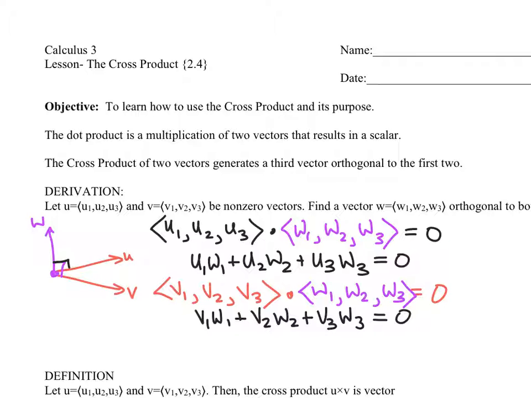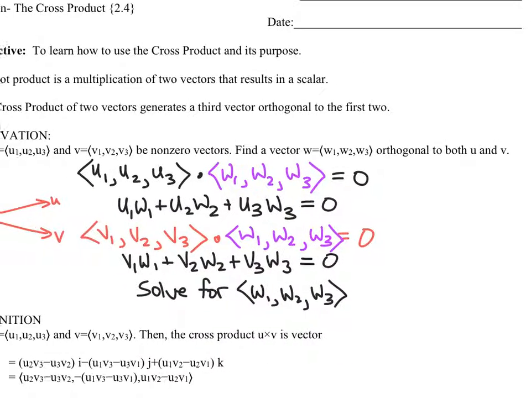So through all of this mess, it's kind of terrifying when you think about it, but I'd have to solve this for W1, 2, and 3, because that's going to be the cross product.